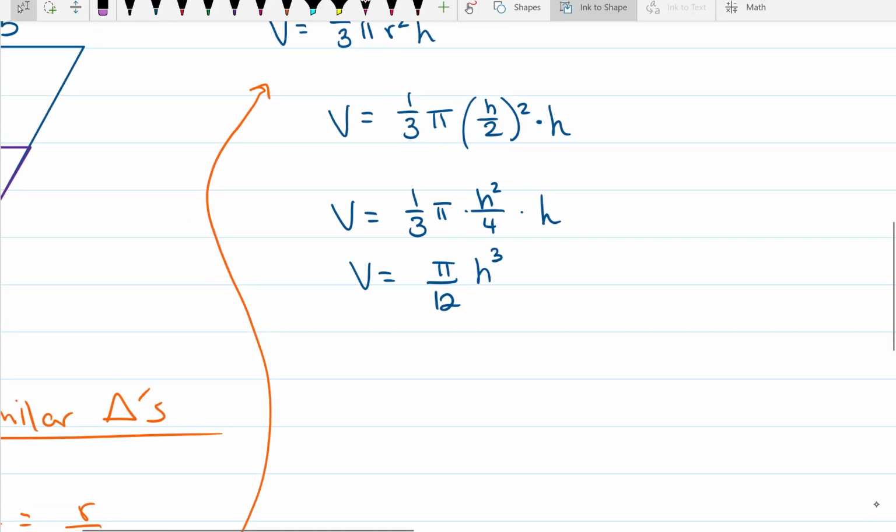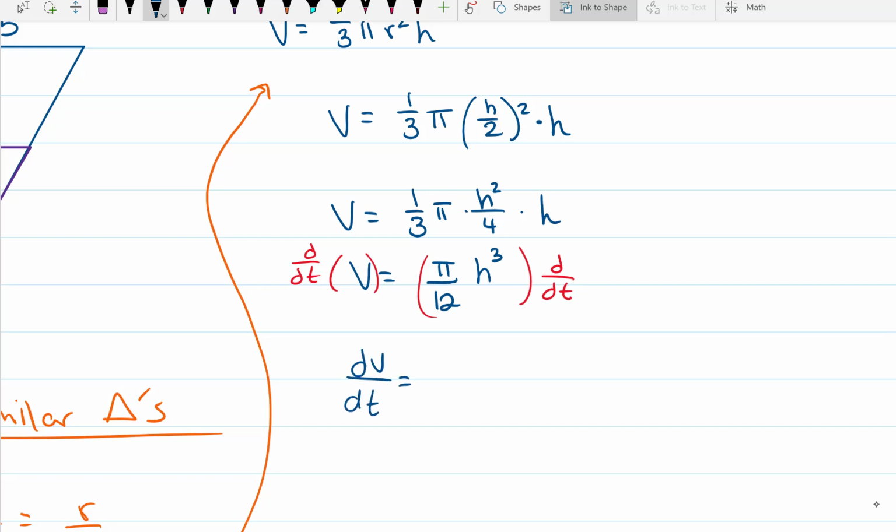Now I've got it in two variables, so now I can go ahead and solve. I'm going to take the derivative with respect to time to both sides, and I'm going to get that dV/dt is equal to pi over 12 times 3h squared dh/dt.